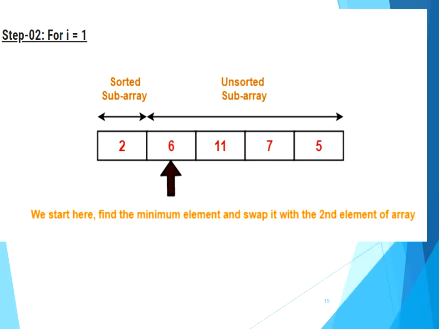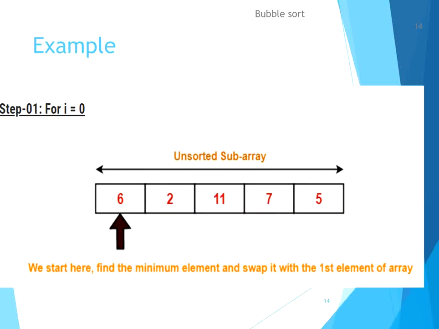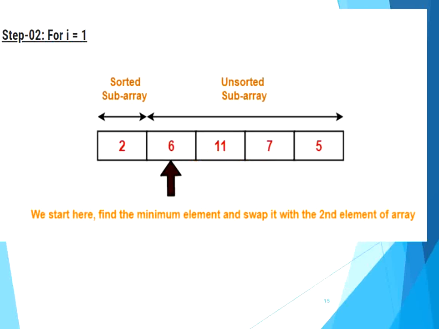At the second step, we start from element 0, find the minimum element, swap it with the first element, and see in the whole array the minimum value is 2, so we just swap with the value 2.